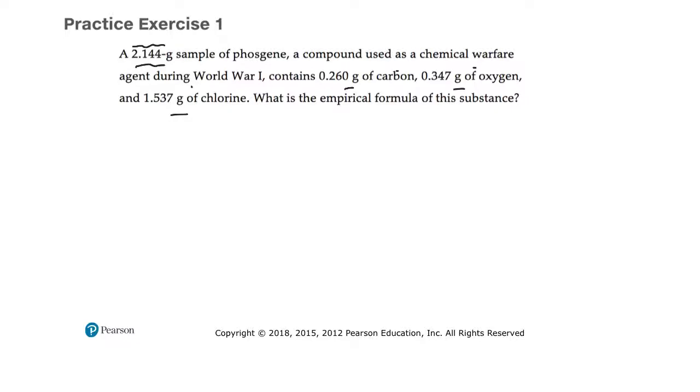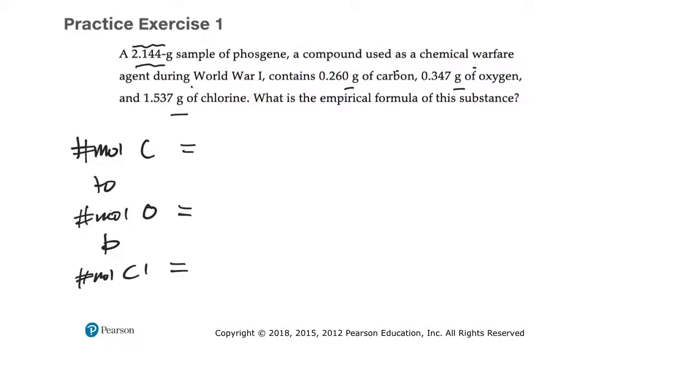You don't necessarily have to, because we still just want the ratio of the moles of carbon to the moles of oxygen to the moles of chlorine. Okay, so why don't you give this problem a try, hit pause, see if you can solve it, and then check back if you need to.